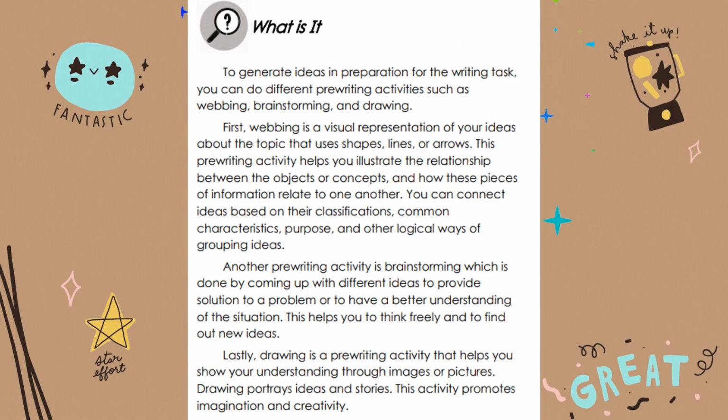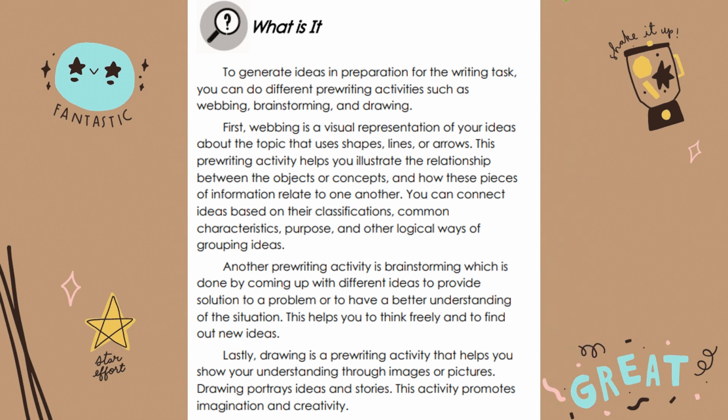For what is it? Let us remember that to generate ideas in preparation for the writing task, you can do different pre-writing activities such as webbing, brainstorming, and drawing. First, webbing. It is a visual representation of your ideas about the topic that uses shapes, lines, or arrows.